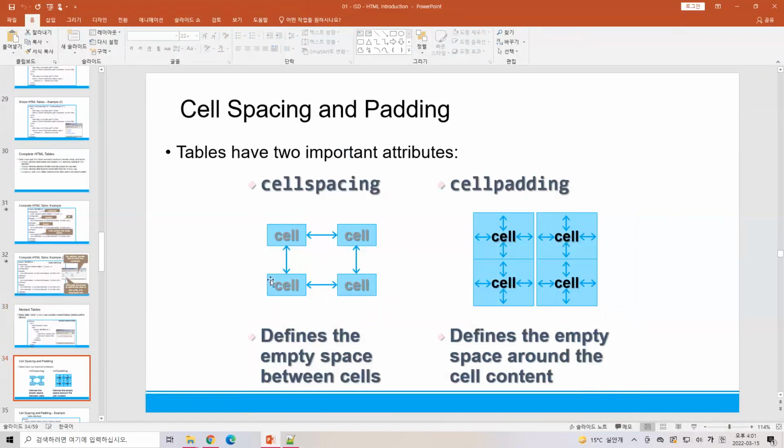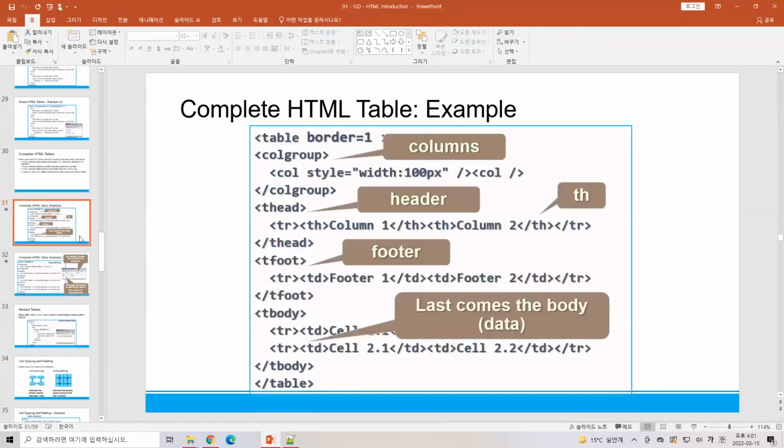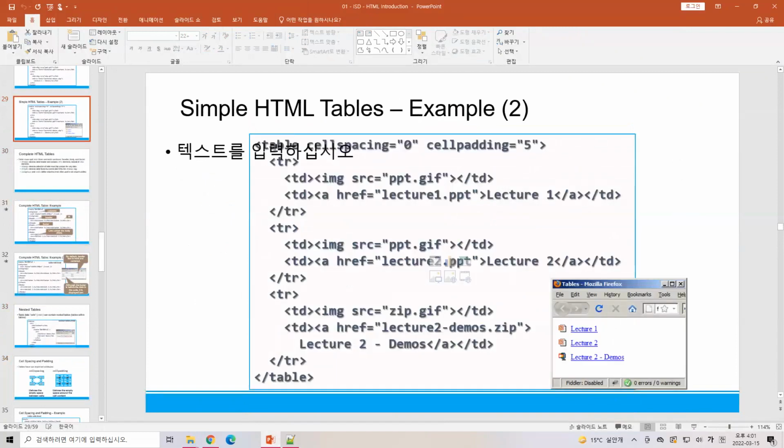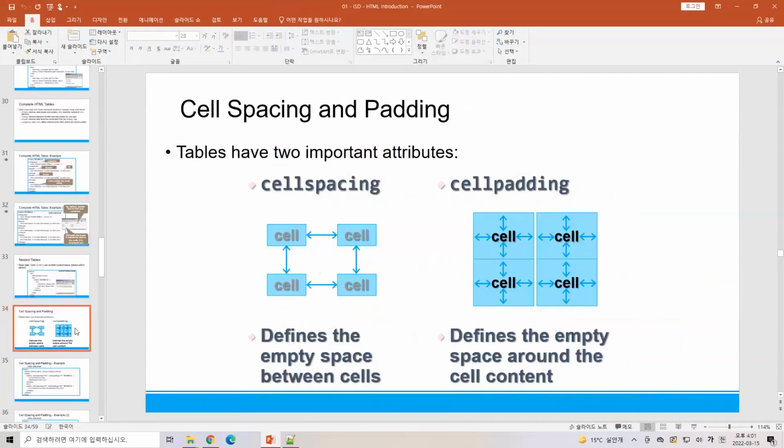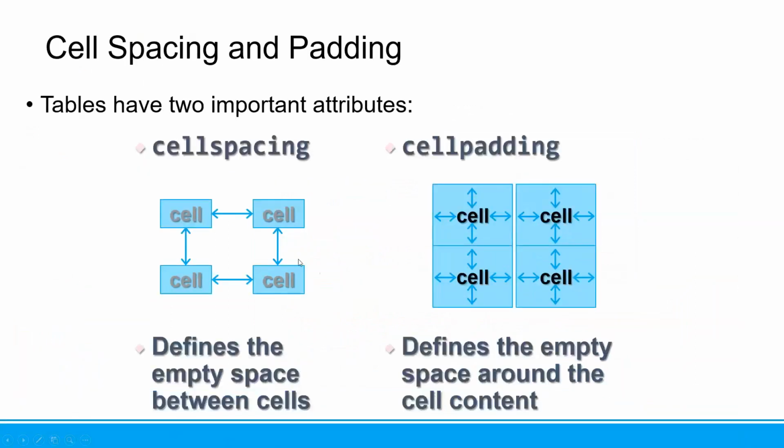When you look at the code, here you can see the cell spacing and cell padding. The cell spacing is 0 and cell padding is 5. So what does it mean by cell spacing and cell padding? We can take a look at this picture.